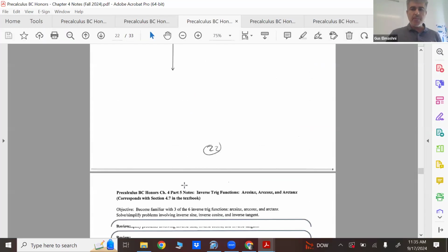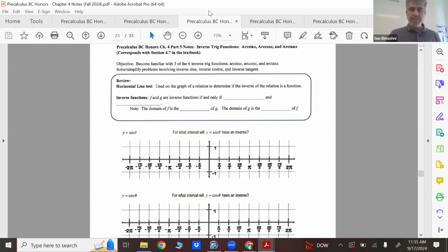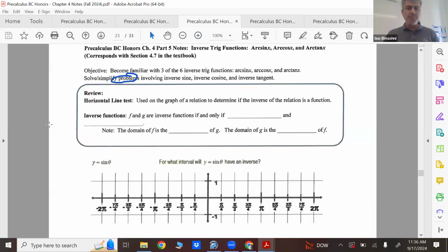Okay, so why don't you guys start? Let's go to page 23 of the notes. We are now ready to venture into inverse trig. A little bit of review. Horizontal line test. What is that for?